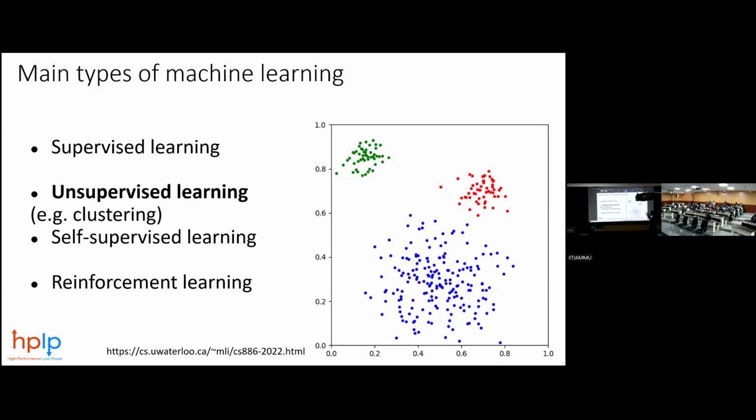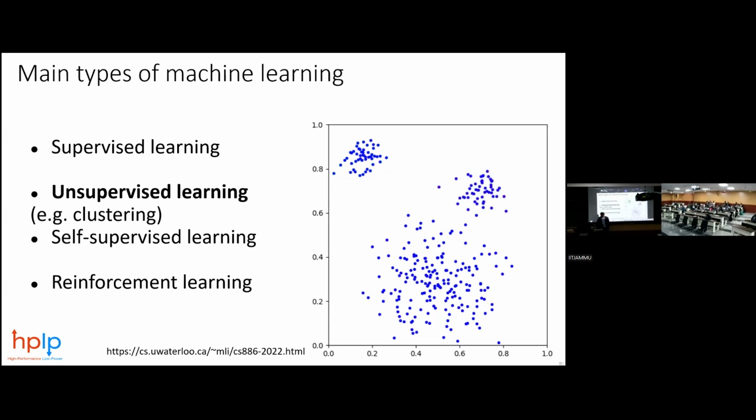Actually, there is a little bit of animation. If you are looking at a bunch of points here, you as a human kind of see that there is a cluster here, there is another cluster here, and another cluster here. Again, I had some discussions with one of you.